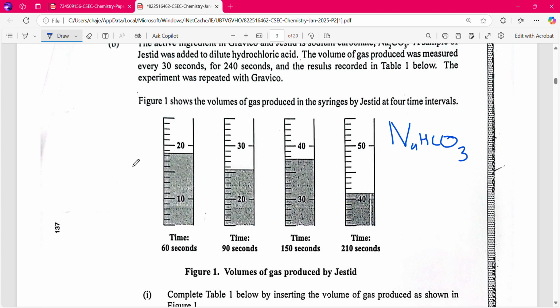Eighteen and a half. Okay, it is in between, yes. So 18.5. What's this one? Next one.